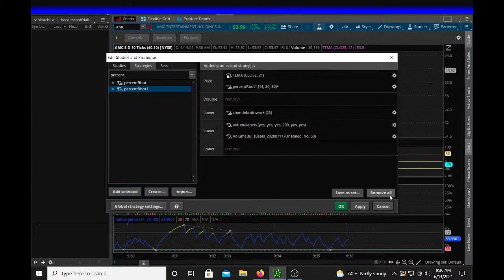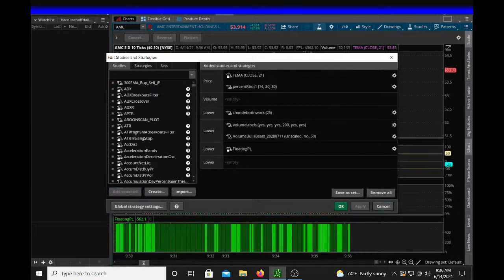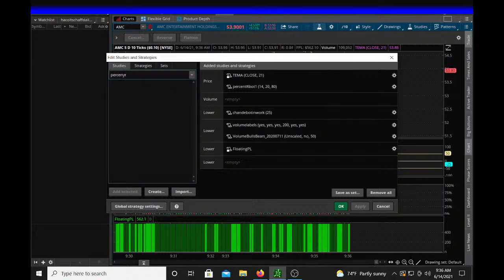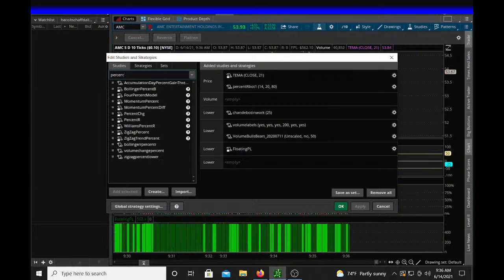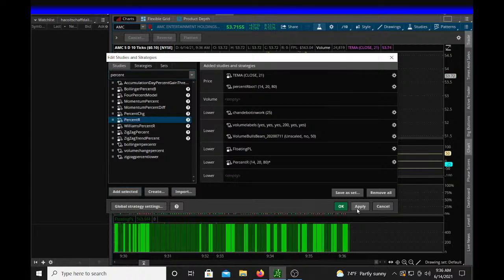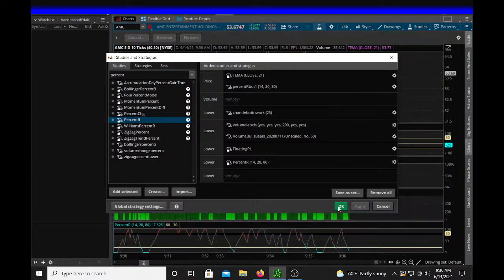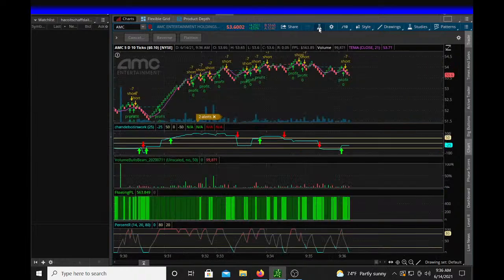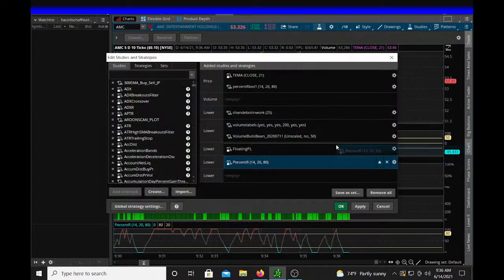Now let's add our percent R bot, and let's add our percent R. Not percenty. Big stupid fingers. And here we are. Yes, sir. Now you'll see why I like the percent R much better.